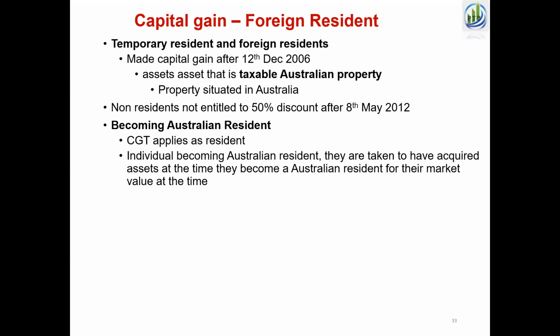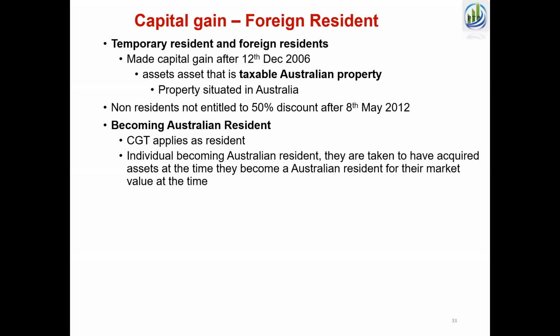When we calculate the capital gain, there are 3 important dates. The date he purchased, 1st of January 1990. The day he becomes an Australian resident, 1st of January 2020. The day he sold the property, 30th of June 2020, for $500,000, right?